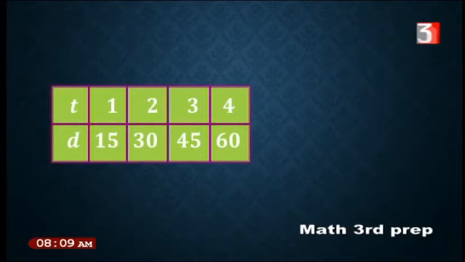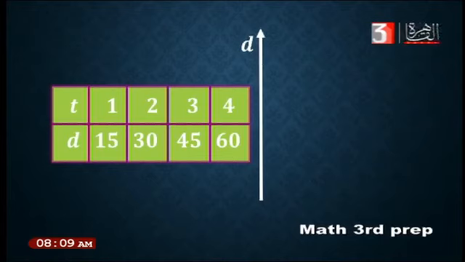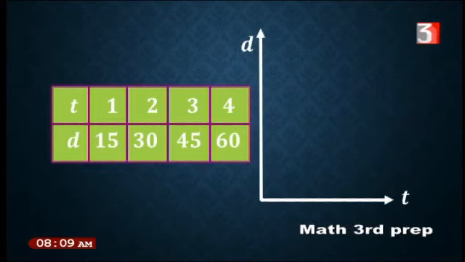When you look carefully at such a table, you are going to notice a relation between what? That's correct, distance, velocity, and time. So I want you to represent graphically the relation between distance and time. You are going to draw the two axes, d and t, and then draw the relation between them.